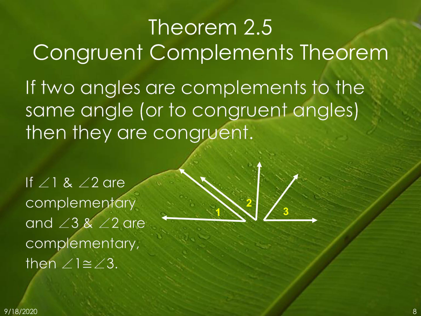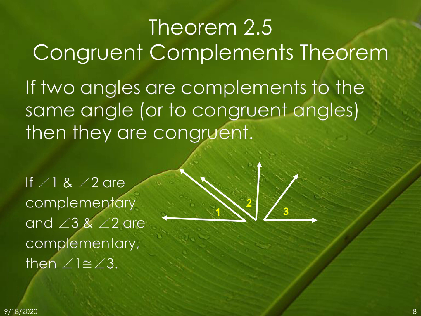It's called the congruent complements theorem. So very similar to the previous one, the only difference is now instead of being supplements to each other, they're going to be complements. And remember, complementary angles are 2 angles that add to be 90. So here, if 2 angles are complements to the same angle or to congruent angles, then they are congruent.